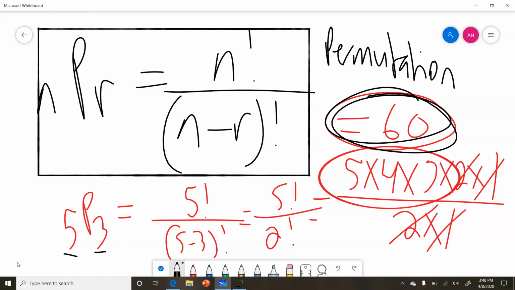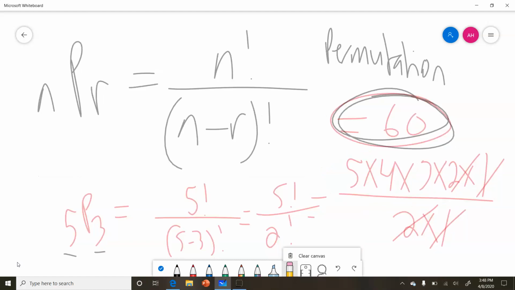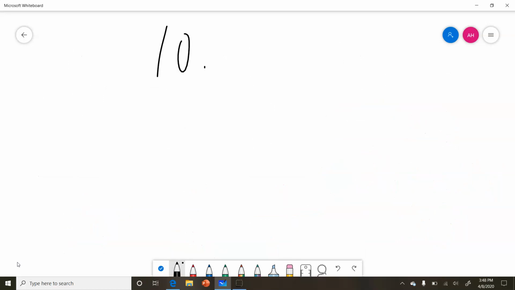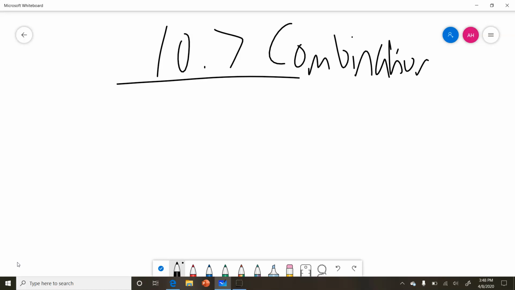So that's the review. Now, for the new lesson on 10.7, what we're doing is we're using a new phrase, and it's called combinations. Okay, so instead of the total number of possibilities, this is now the combination. Okay, combinations. So this formula is a little different.